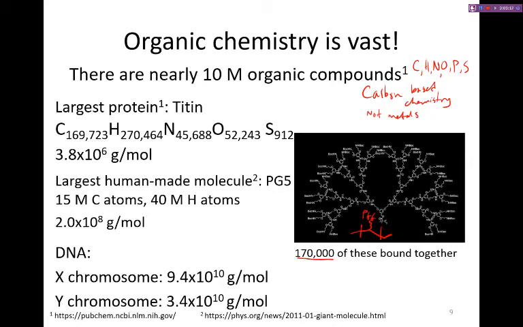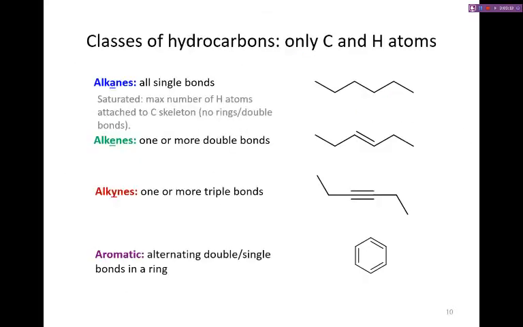So we're going to begin by looking at classes of hydrocarbons. And hydrocarbons are molecules that only have carbon and hydrogen in them, hence the term hydro and carbon. And there's four main types. We have alkanes, alkenes, alkynes, and aromatic compounds.